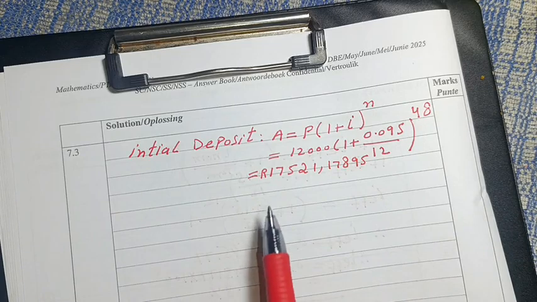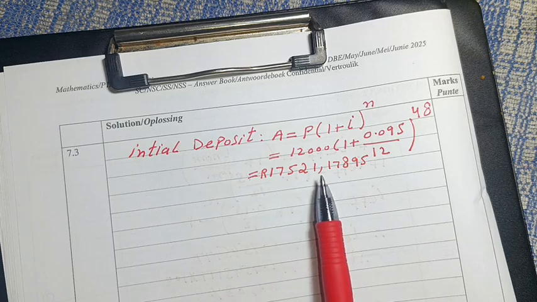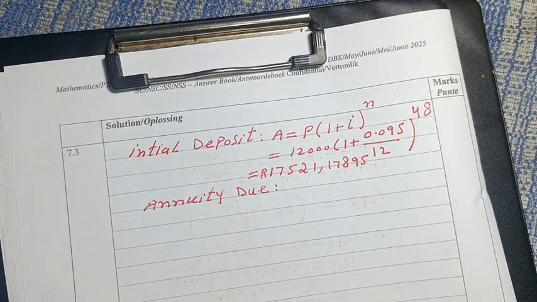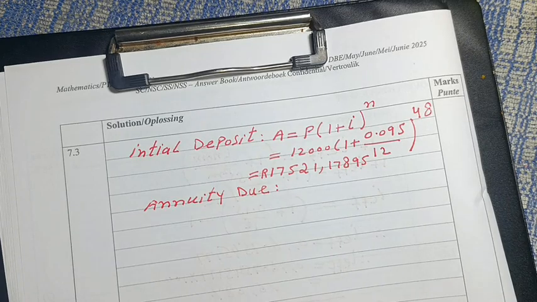So I use the calculator. My answer is 17,521.17895. Remember, now we need to work out the annuity. We need to work out an annuity due, the annuity amount. Now we're going to apply the future value formula. Why?